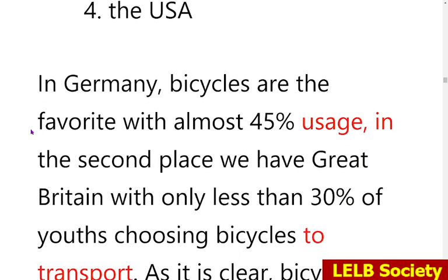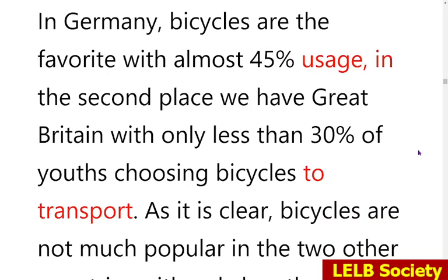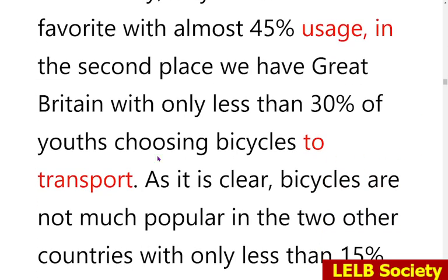Okay, the second paragraph. In Germany, bicycles are the favorite, with almost 45% usage. And it's better to put a full stop, and then start the next sentence with a capital letter, that is IN with capital I. In the second place, we have Great Britain, with only less than 30% of all youths choosing bicycles to transport.